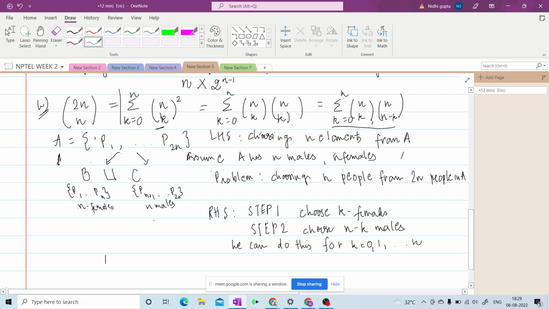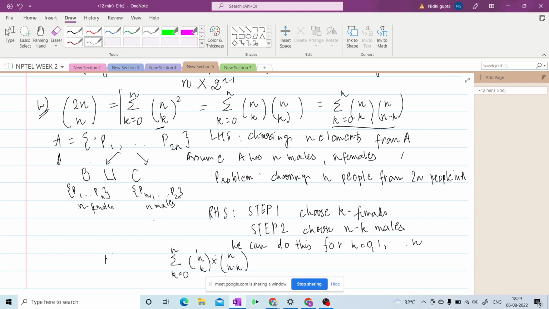So we see that this quantity becomes the sum for K going from 0 to N of N choose K, which corresponds to choosing K females, times, since these two actions are independent, N choose N minus K, which is choosing the remaining people from the category of males.